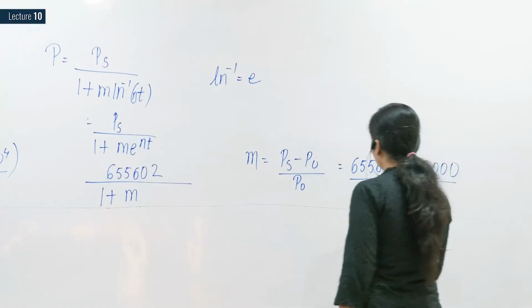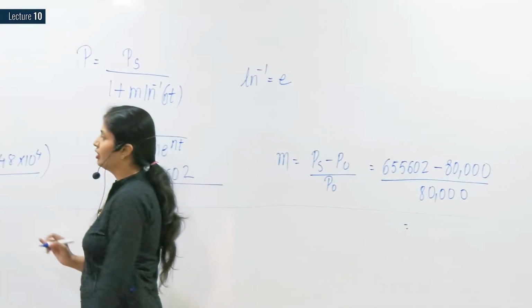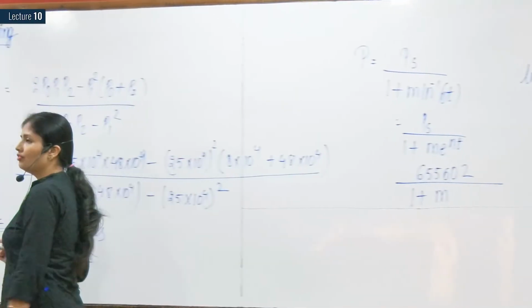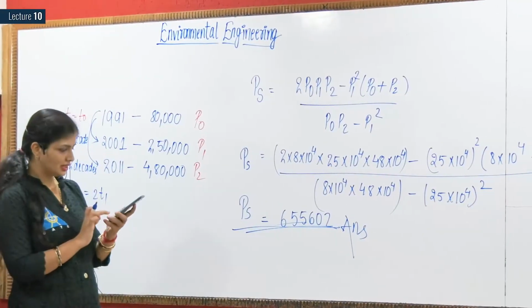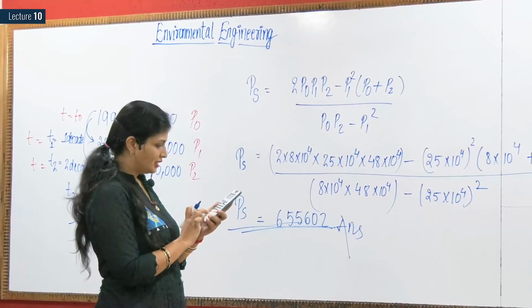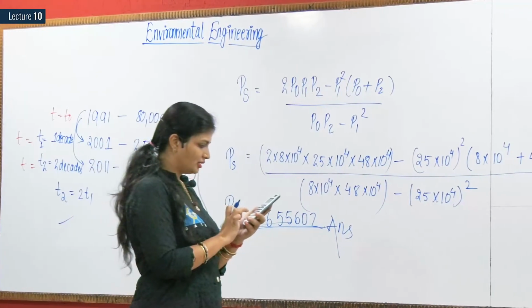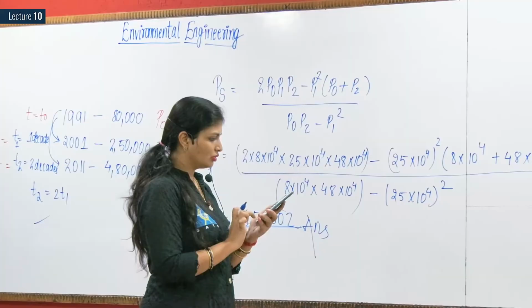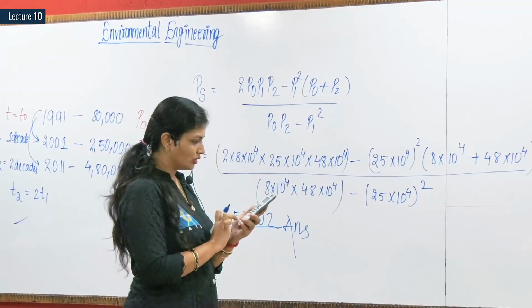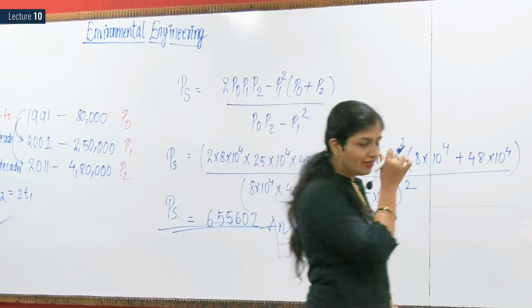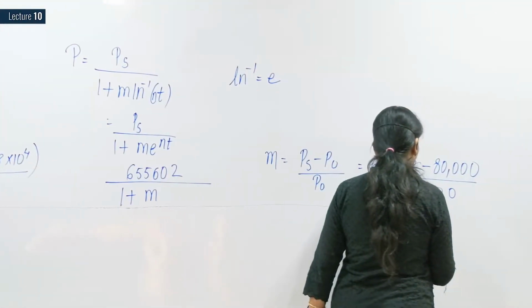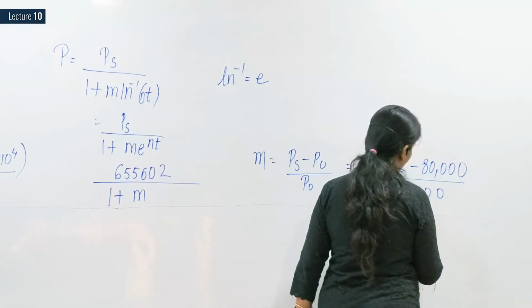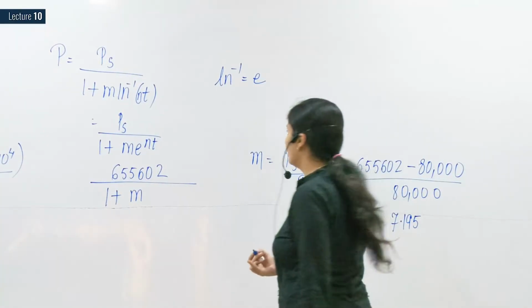So solve this and tell the value of M. 655,602 minus 80,000 divided by 80,000. You will get the value of M as 7.195.